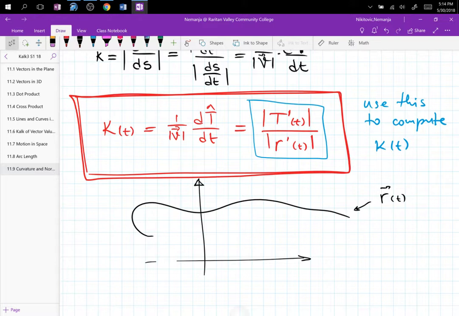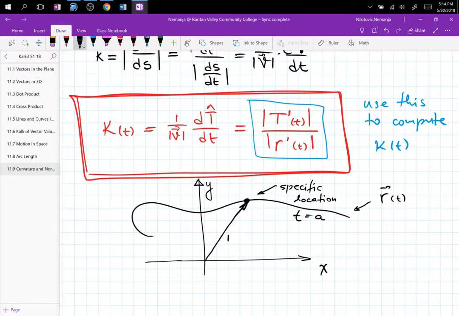If we are using 2D, then it's sitting in a 2D coordinate system, x and y. A specific location is happening at time t equals a. And then there is a vector r computed at a, which stretches from 0, 0 to that point to show where the location of the particle, or whatever it is that we're observing, is.